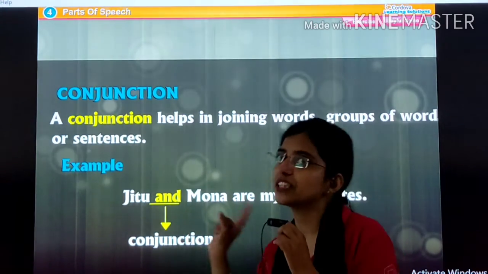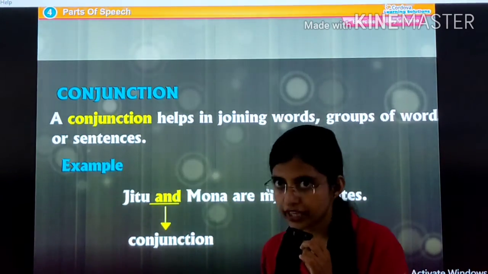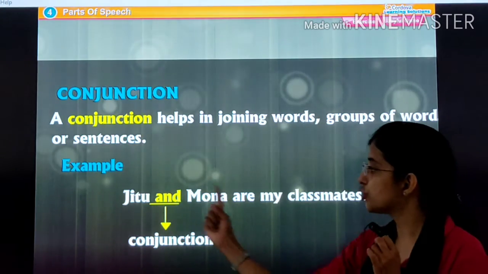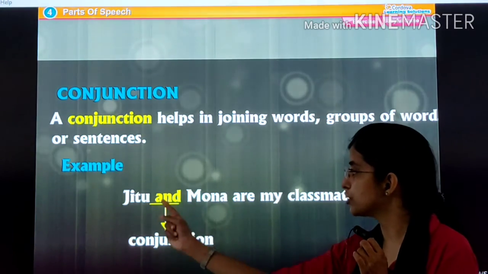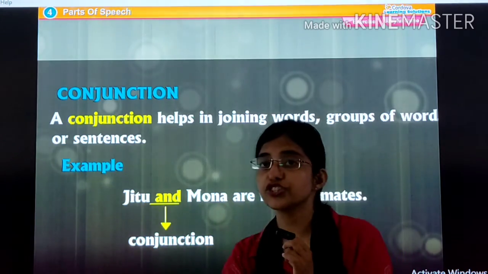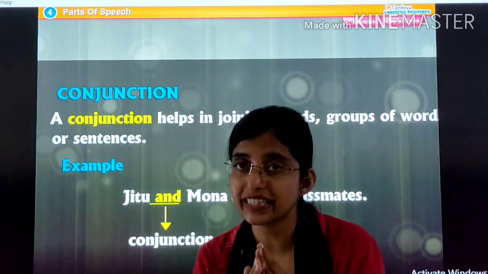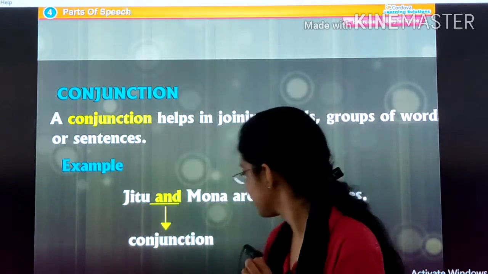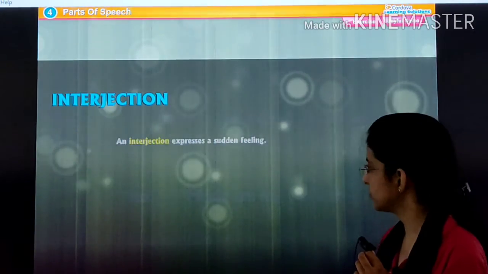So, and is a conjunction. Okay? And it is joining these two words also, Jeetu and Mona. So, conjunction helps in joining sentences or words.